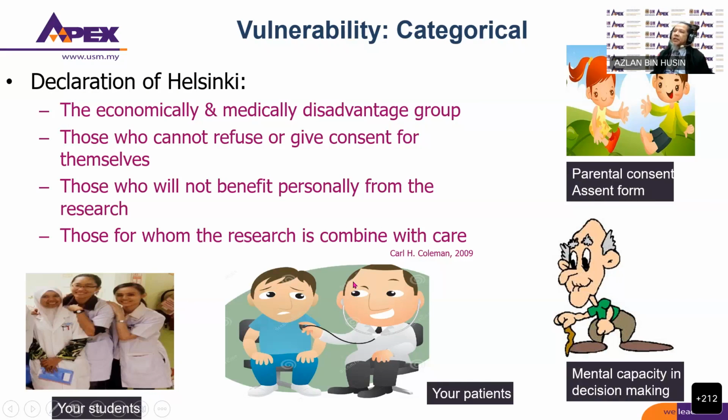So it doesn't mean that you cannot do research on them, but you have to really make sure how to uphold their voluntariness, that they can say no without being jeopardized or having their rights withheld. Okay.